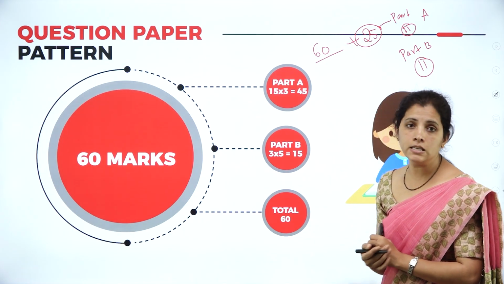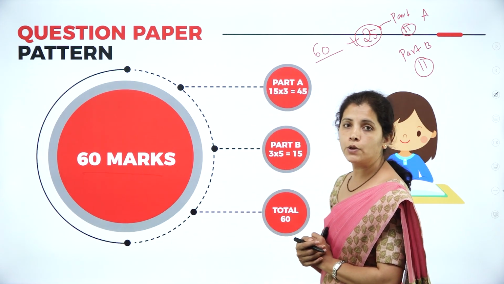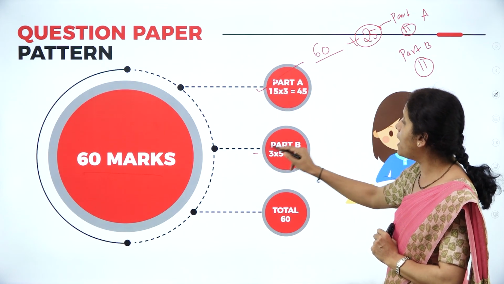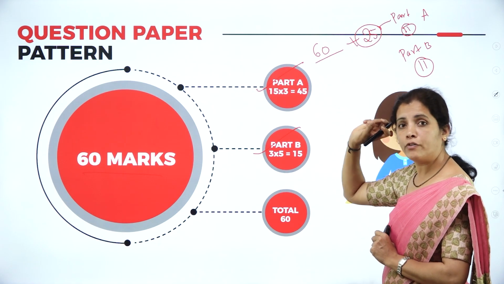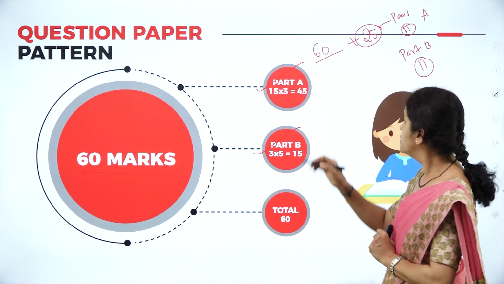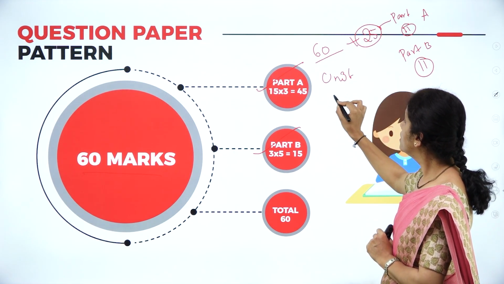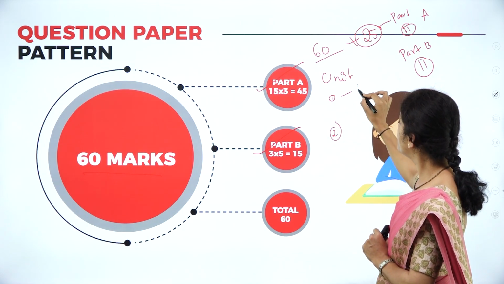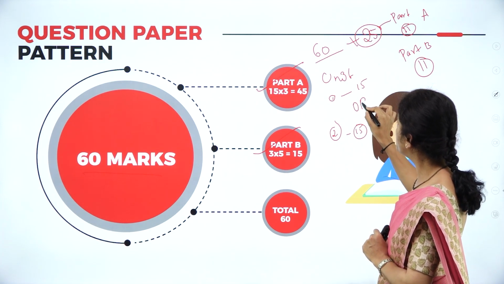And if I consider theory, it's only for 60 marks and the question paper is divided into part A and part B. If I consider part A, from each unit I'm going to get 15 marks. So think of it as unit 1 and 2: this is for 15 marks and this is for 15 marks. So I have an OR option.